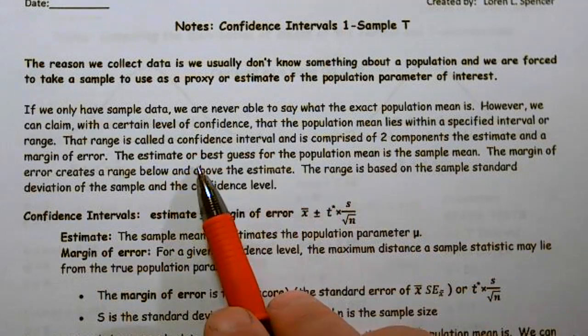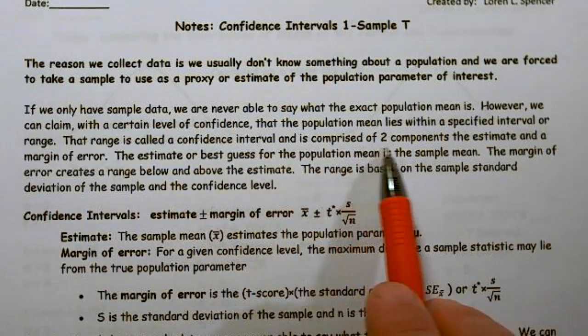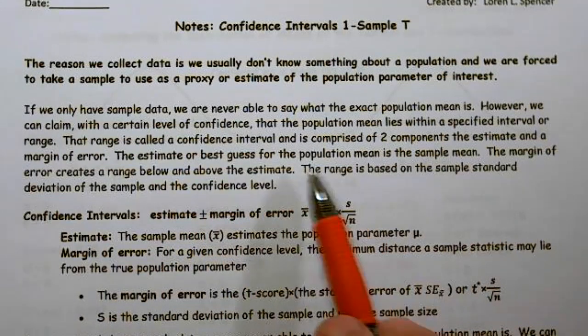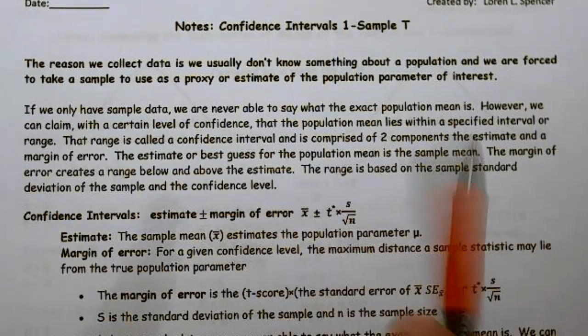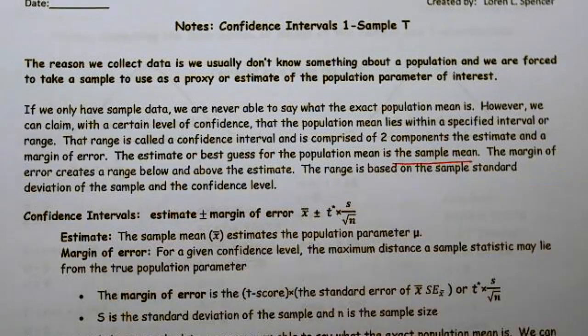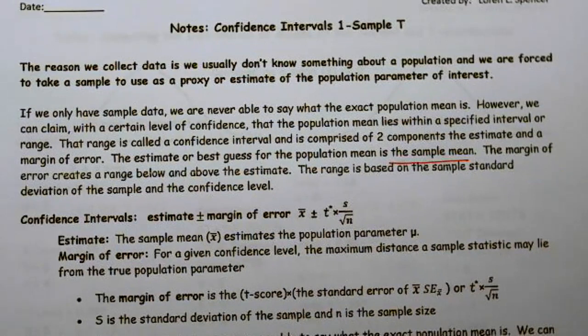That range is called a confidence interval and is comprised of two components, the estimate and a margin of error. The estimate is the sample average, all right? So the best guess for the population mean is the sample mean. And the margin of error is based on how much spread and how much confidence we have.